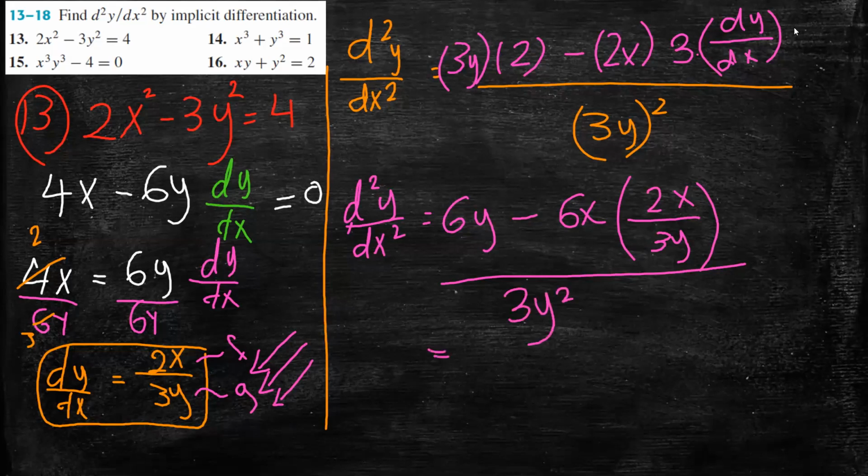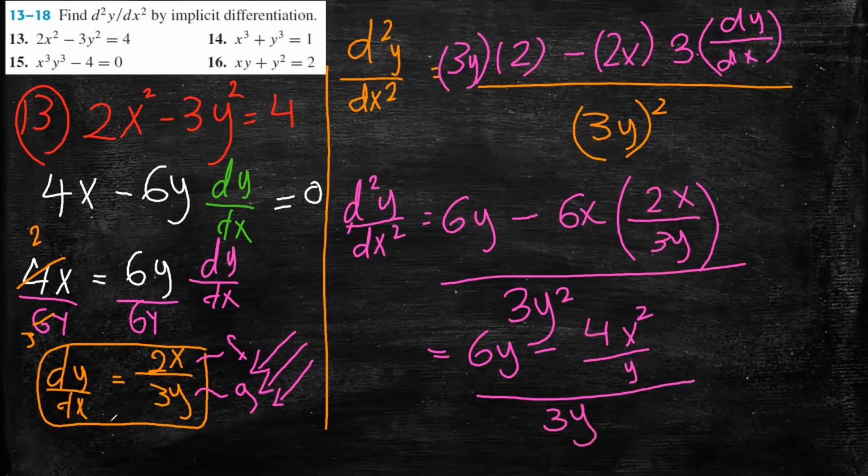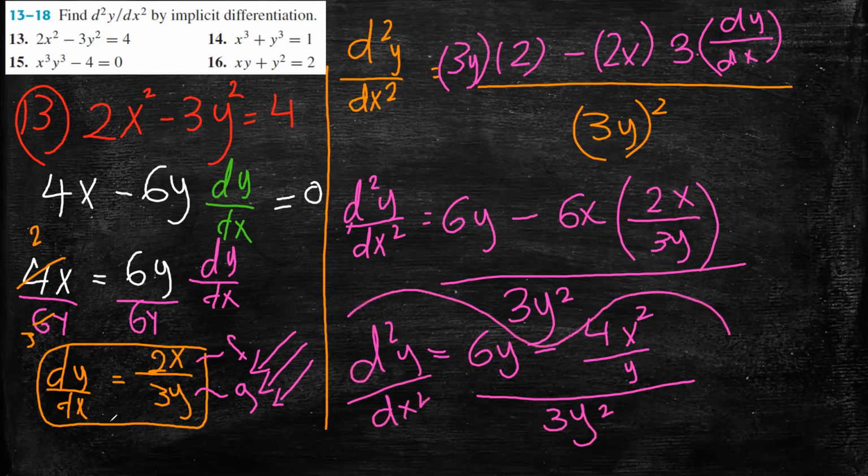It's like 6y minus 12x squared over 3y, all over 3y squared, or you can say it is 4x squared over 3y squared. This will be now the second derivative. By the way, you can simplify it more, but you can stop here.